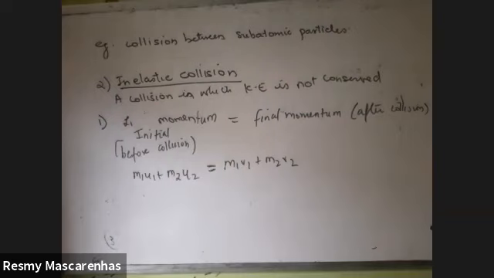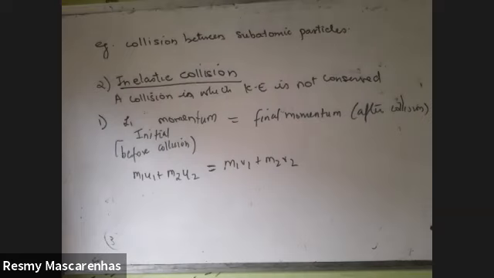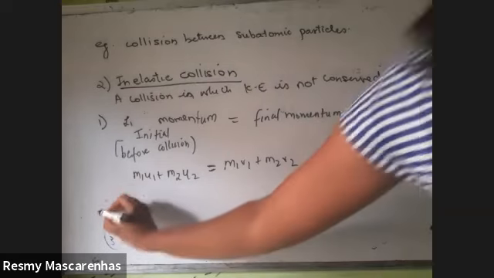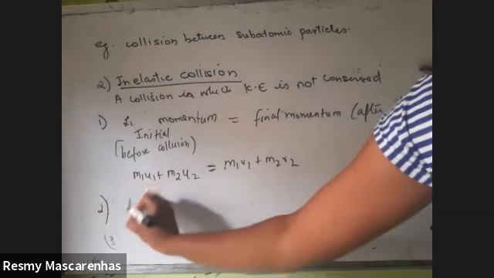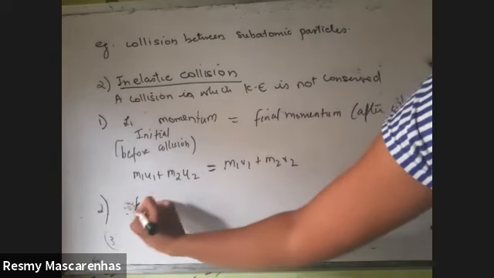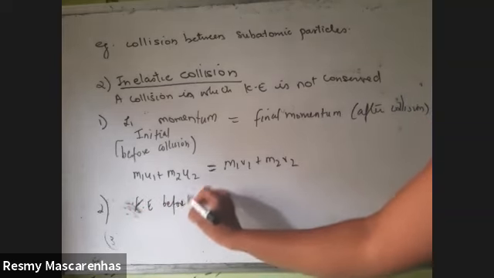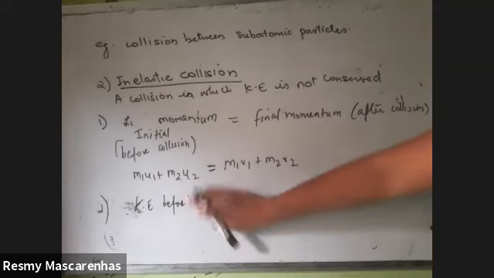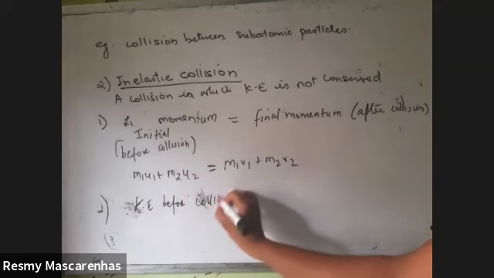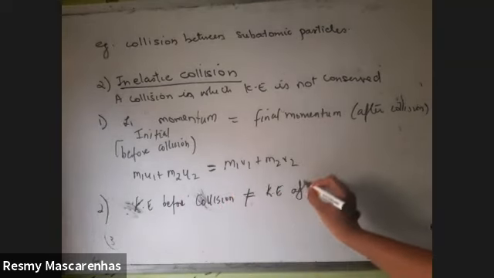Only kinetic energy comes into the picture when the object is in motion. So kinetic energies will not be the same before and after collision. Initial kinetic energy, or kinetic energy before collision, is not equal to kinetic energy after collision.